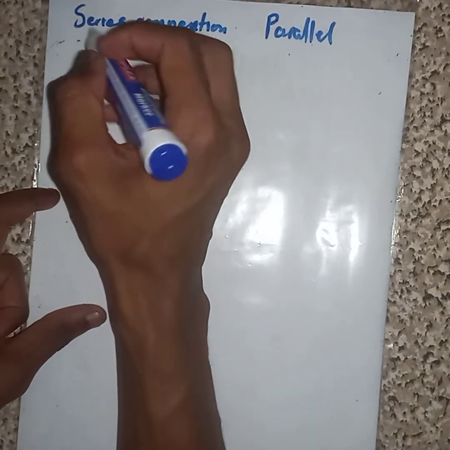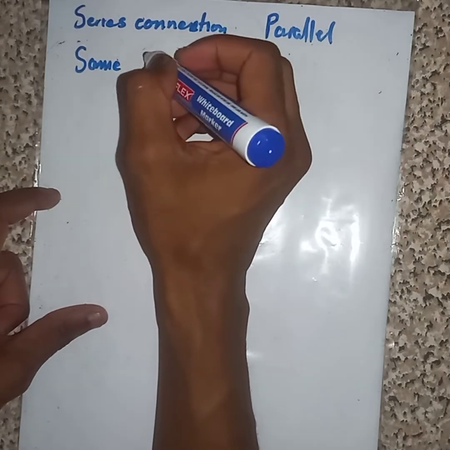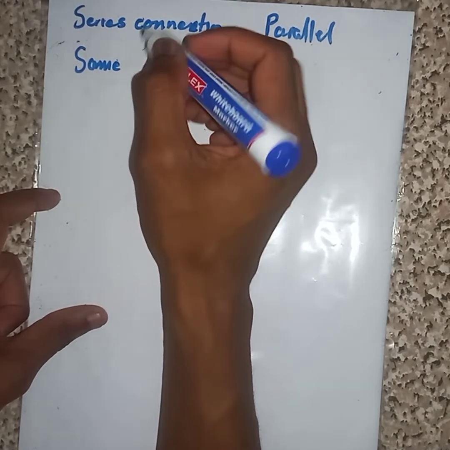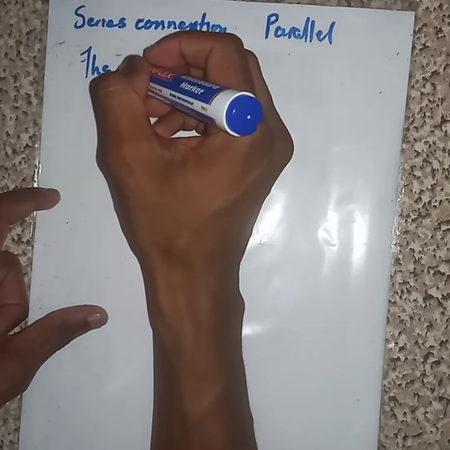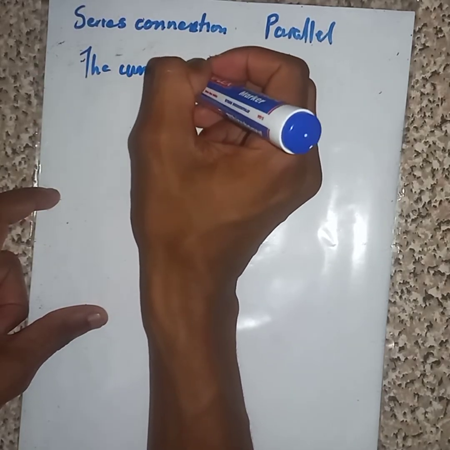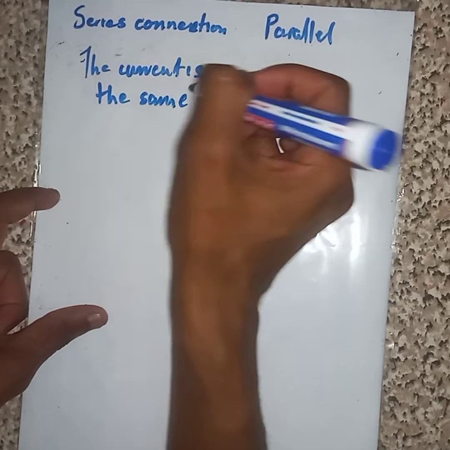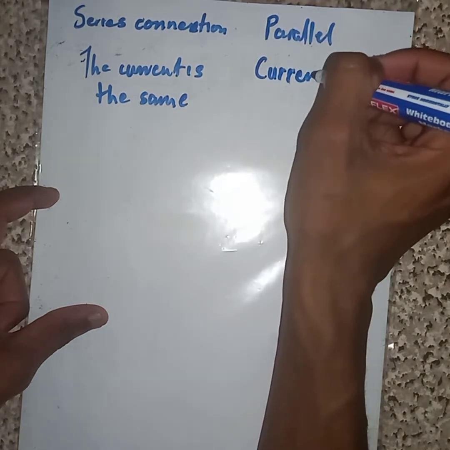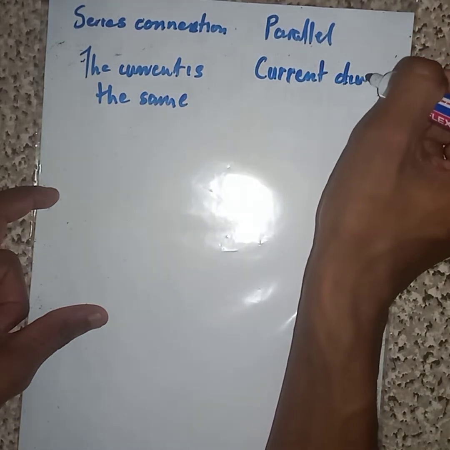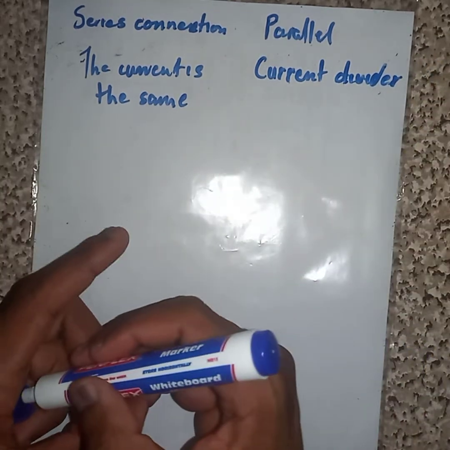For the series connection, the current is the same. Don't forget that. For this one, we say it is a current divider. It divides the current.